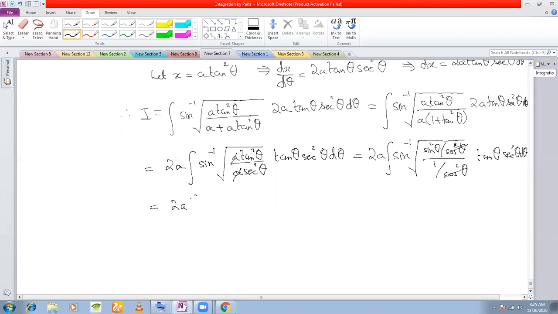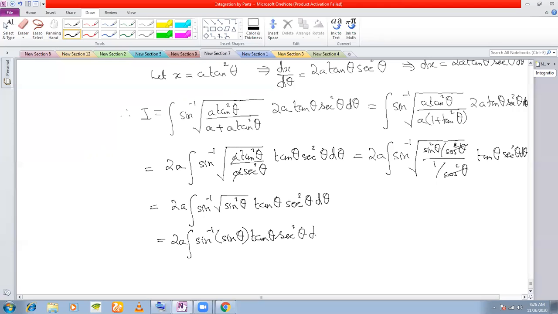So you're only left with 2a integral sine inverse root sine square theta into tan theta into sec square theta d theta, right? So this is 2a integral sine inverse sine theta tan theta sec square theta d theta.